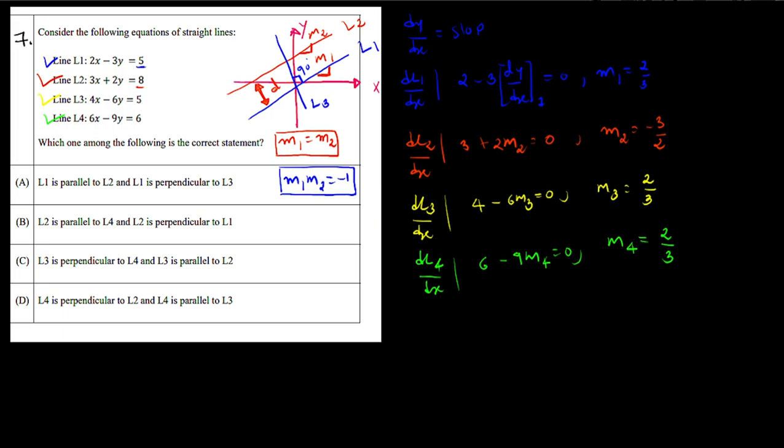Look at the values of the slopes for all the lines. You can see this slope and this slope are exactly identical. The first slope is identical to this one and to this one. So I can say L1 is parallel to L3 because it has the same slope, 2 by 3.